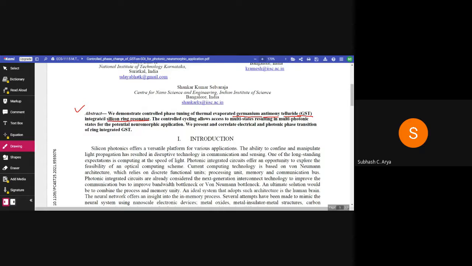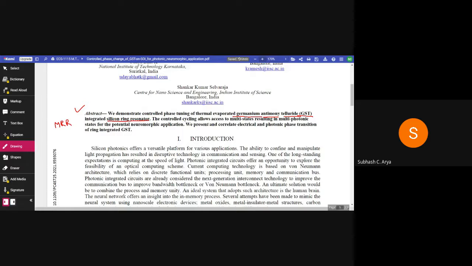So in this, we demonstrate controlled phase tuning. So what is this? It is a controlled phase tuning of thermal evaporated germanium antimony telluride integrated silicon ring resonator. So here we have a micro ring resonator, and GST, germanium antimony telluride, has been used.